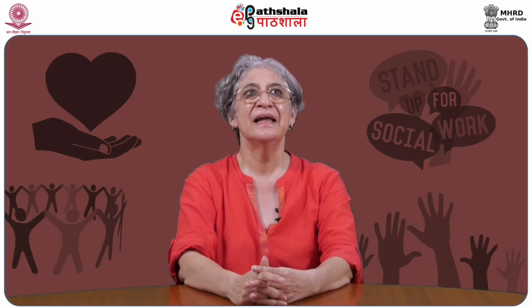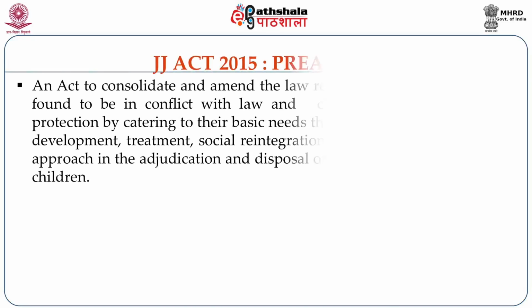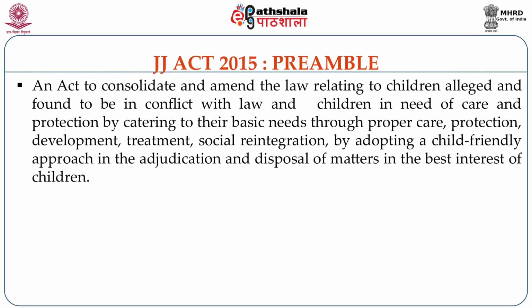For example, let us read the preamble of the Juvenile Justice, Care and Protection of Children Act 2015. What does it portray? It portrays that this act deals with two categories of children: children alleged and found to be in conflict with law, and children in need of care and protection. Two, it caters to their basic needs.